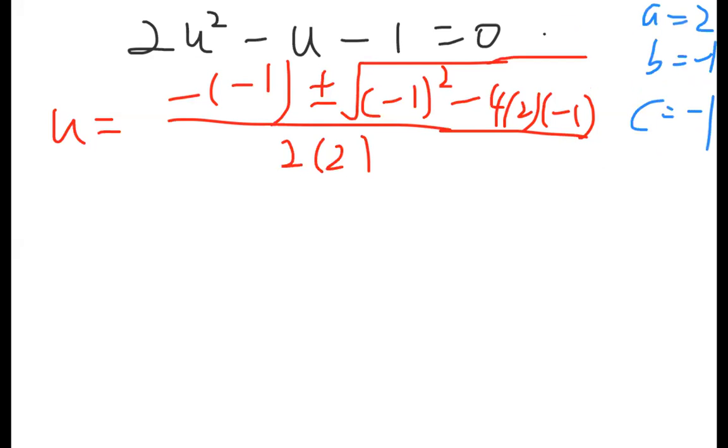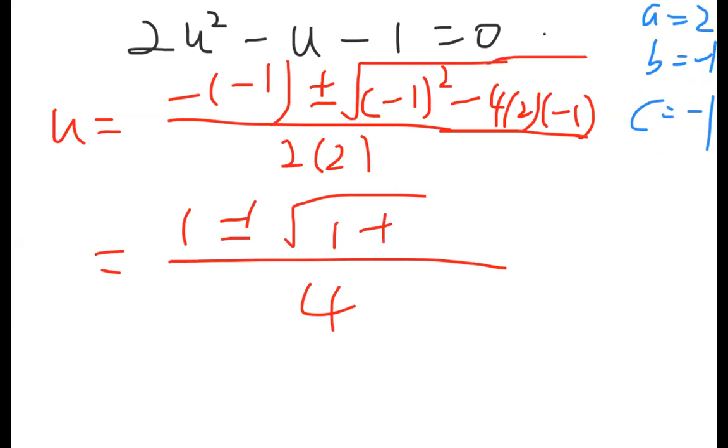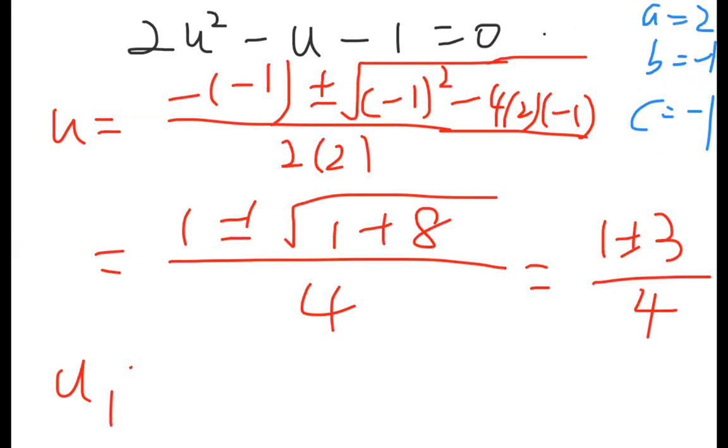Okay, then this can be simplified as 1 plus or minus the square root of 1 plus 8, which is 9, over 4. So it's 1 plus or minus 3 over 4. So u1 is 1 plus 3 over 4, which is 1. And u2 would be 1 minus 3, which is minus 2 over 4, which is minus 1 half.